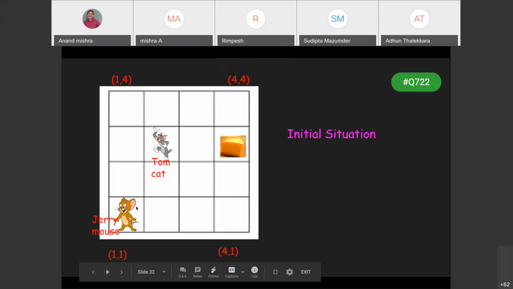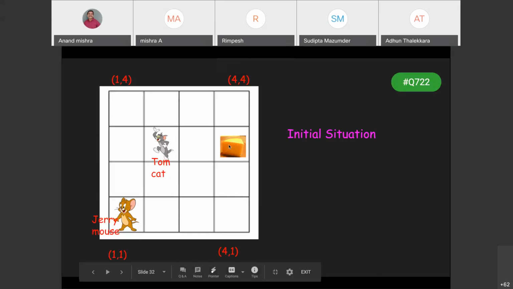These are the two agents: Jerry is one agent, Tom is another. The cheese is not an agent, but kind of a goal.